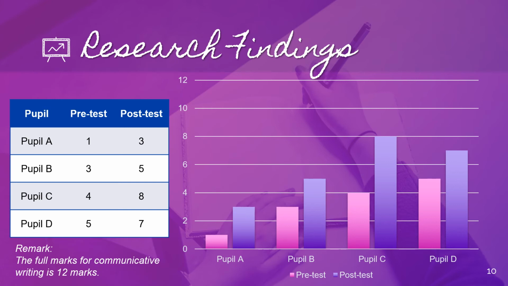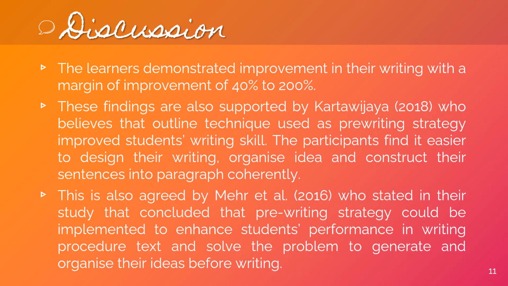This is actually a lot, because if you can see, for a pupil going from 4 marks to 8 marks, the score doubles. It means that the learners demonstrated improvement in their writing with a margin of improvement of 40% to 200%.